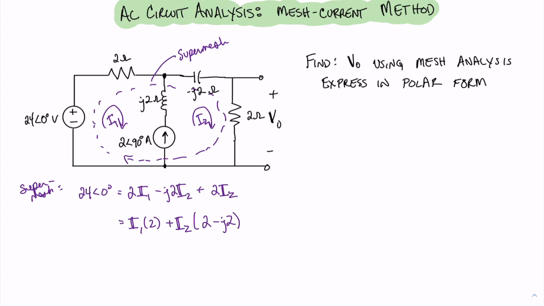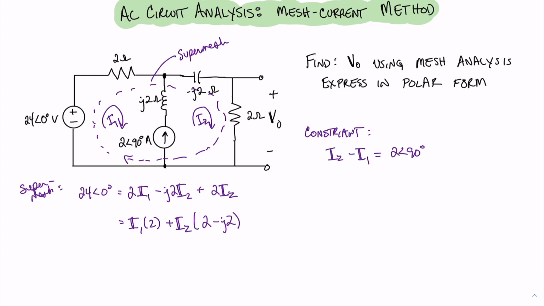Instead, we need to look at our constraint. Here in the middle of the super mesh, we have a current that is pointing upwards, whose value is 2 angle 90. Since it's pointing upwards, that will be I2 minus I1. So we can write that our constraint is I2 minus I1 equals 2 angle 90.